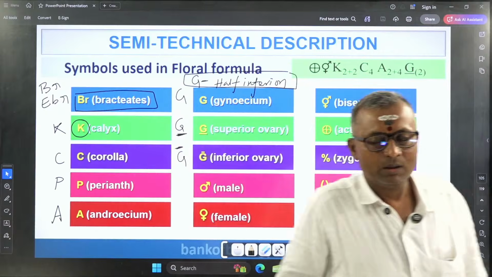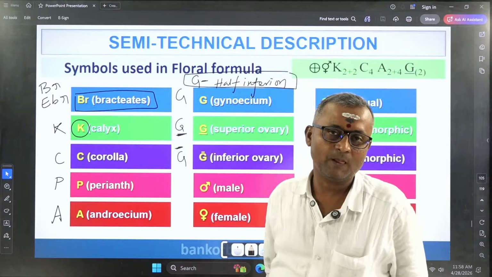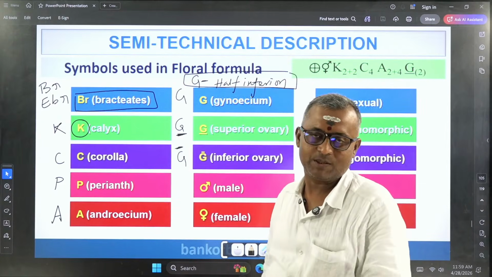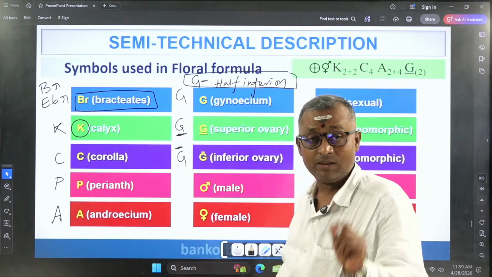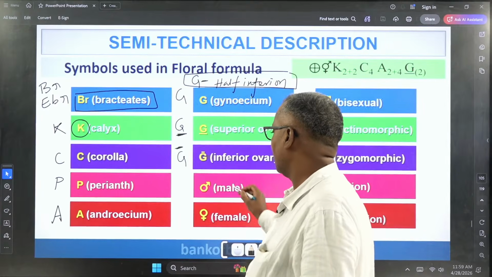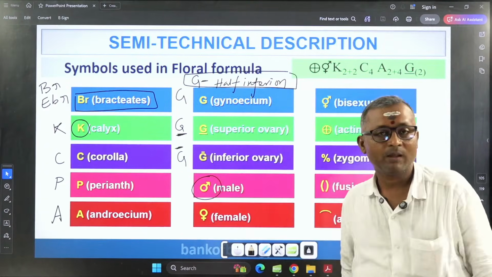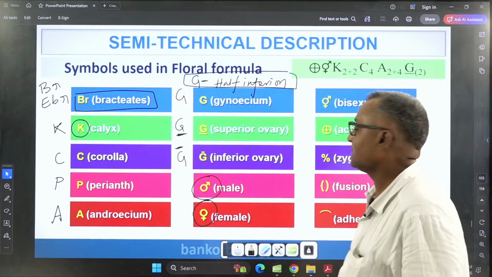Similarly, if the flower has only androecium, like if it contains only stamens, no corolla, no carpels, then such a flower is called a male flower. In that case, it is represented with the male symbol. If the flower is unisexual female, then it will be represented with this symbol.